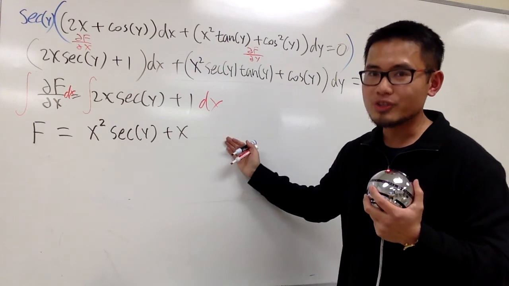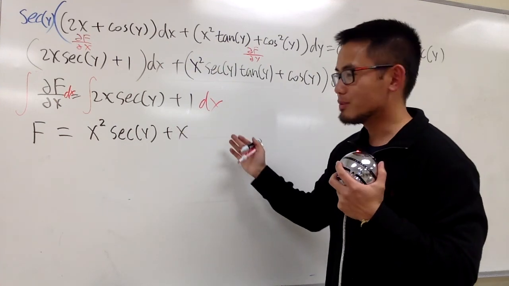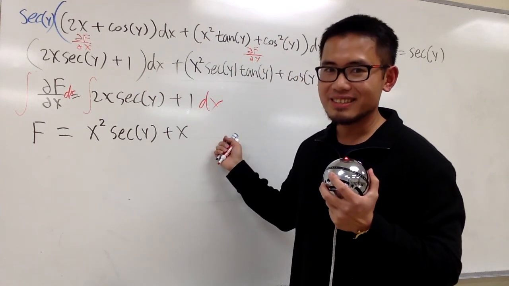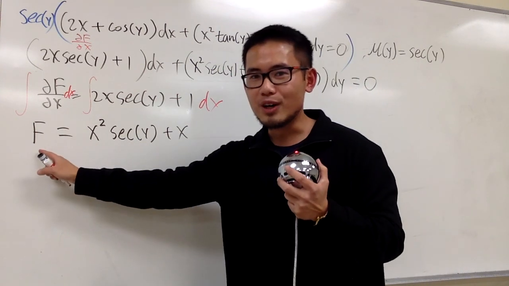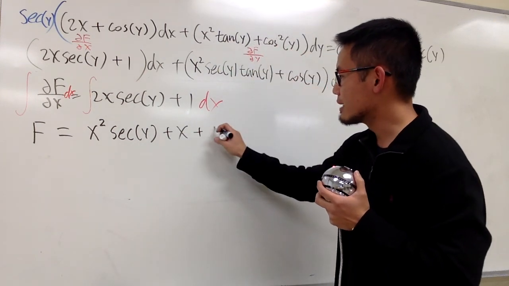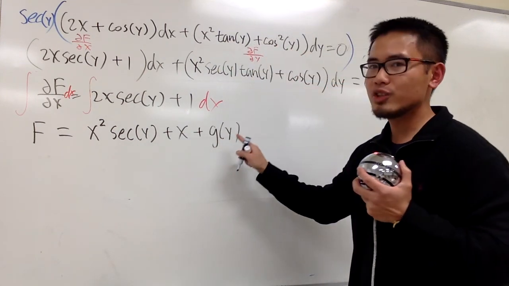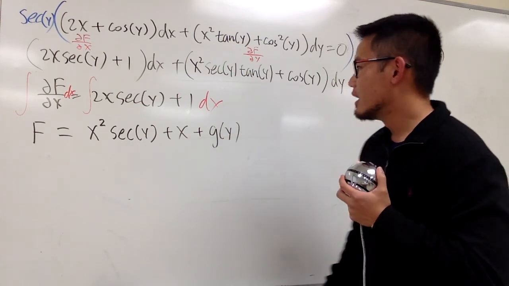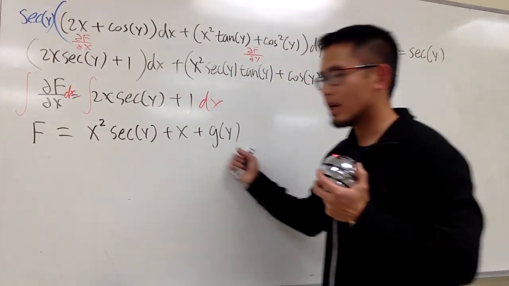We are done with the integration, and usually you put a plus c. But in this case, y is considered constant because f is a function in terms of both x and y. So instead of putting down plus c, I'll put down plus g of y. A function in terms of y is a constant in the x world. Okay, so this is how the capital F will look like.